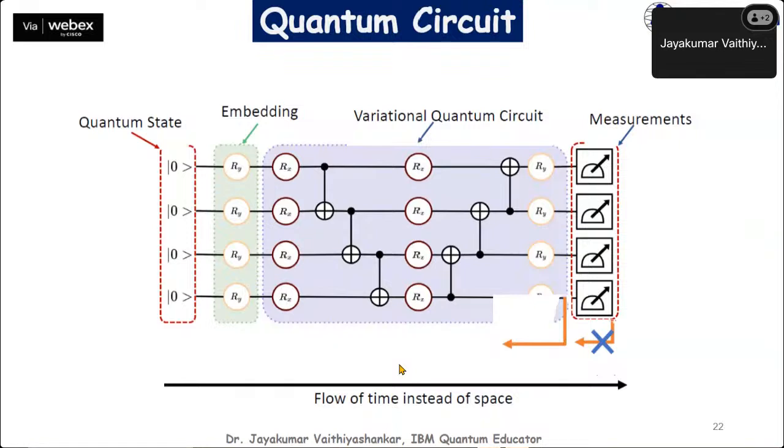My question is, from state 0, if you do measurement, what value will you get? 0, that's all, because the state is known. Exactly. Thank you.